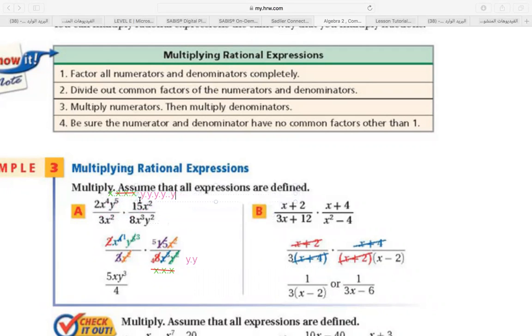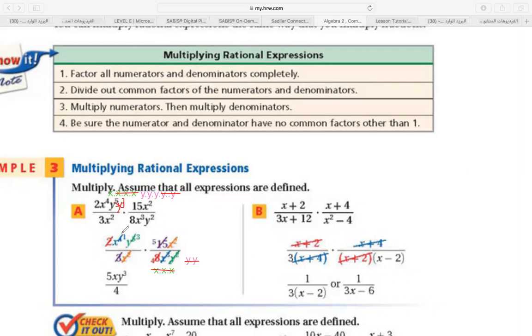So 2y and 5y. So the 2y cancels the 2y from here. So what is left? Y to the power 3. Y to the power 3 is left here. No negative here.